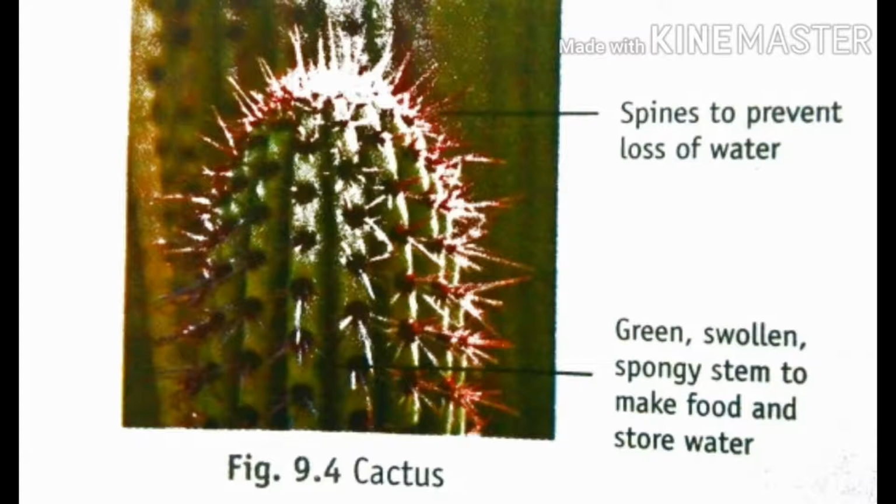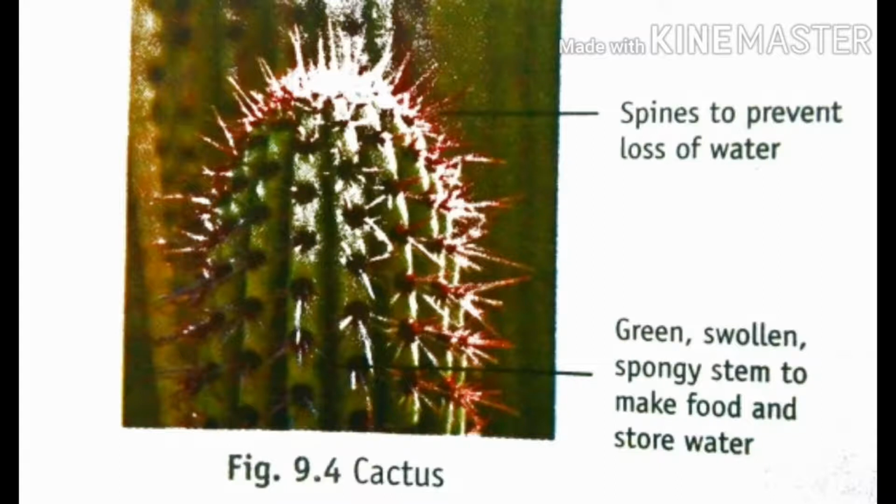Mostly the plants that grow there have long roots that go deep inside the soil in search of water. Why do all the roots grow long and go deep inside the soil? To get and search for water.